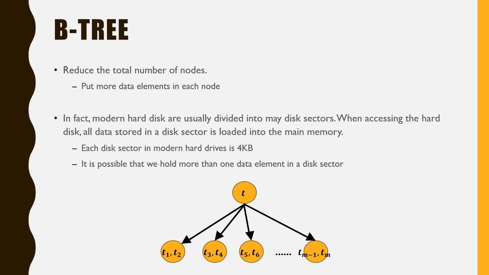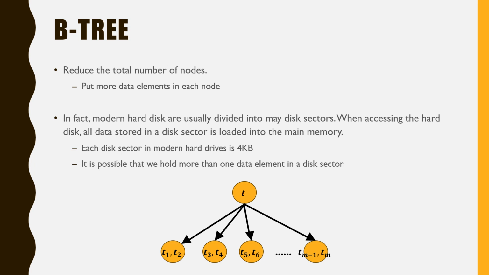Second, to reduce the total number of tree nodes, we store multiple data elements within a single node. Modern hard disks are organized into many small data blocks, known as disk sectors. During a single disk access, all information stored within a disk sector is loaded into main memory.